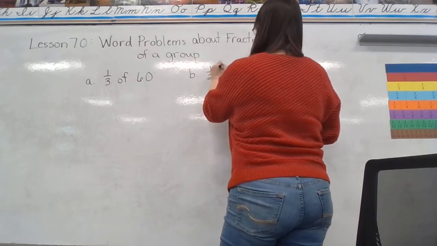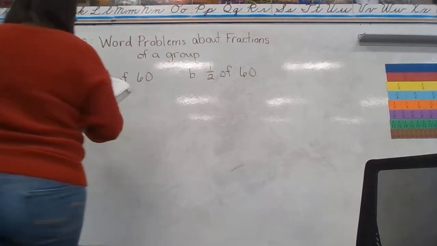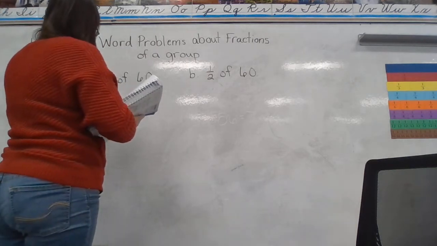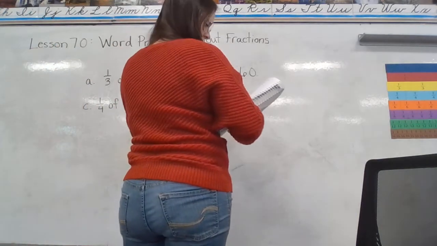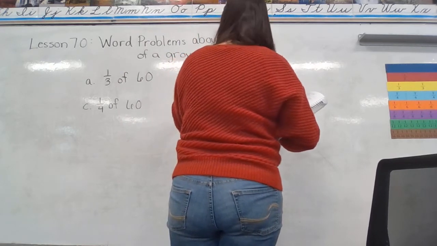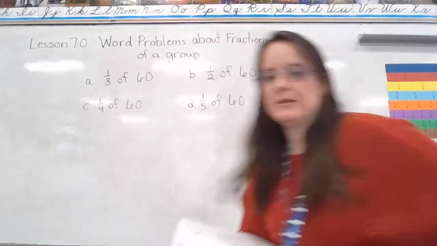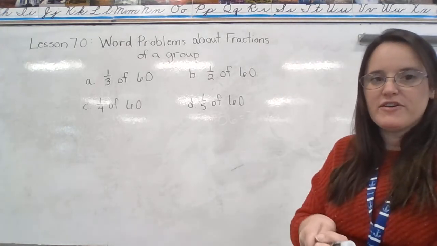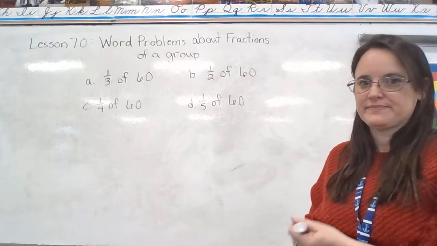B is 1/2 of 60. E and F are word problems, so we'll do those together at the end. Go ahead and pause. Try to figure out these first 4 problems, and when you come back, we'll go over the answers together.